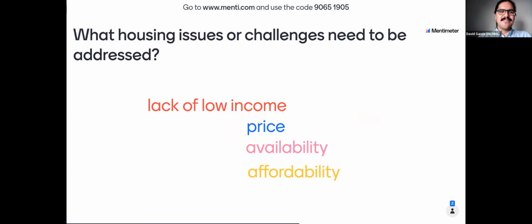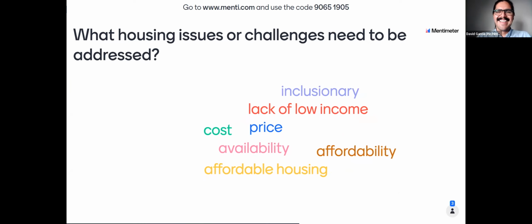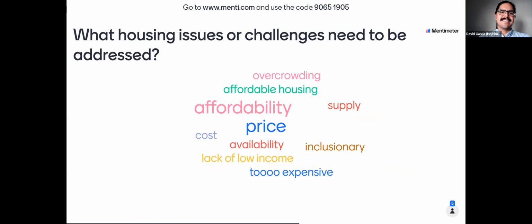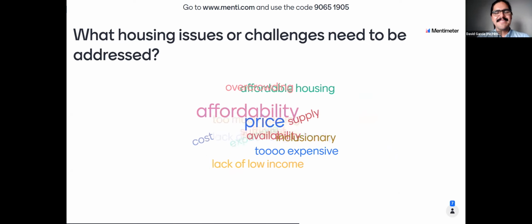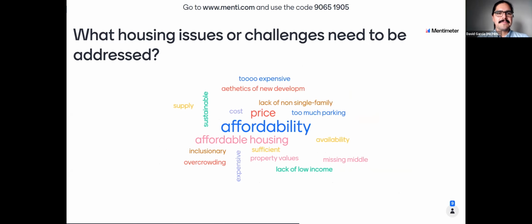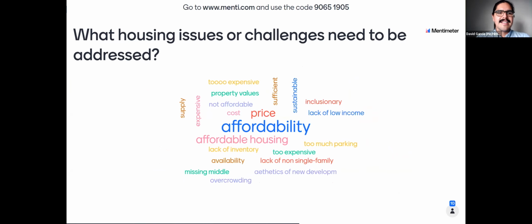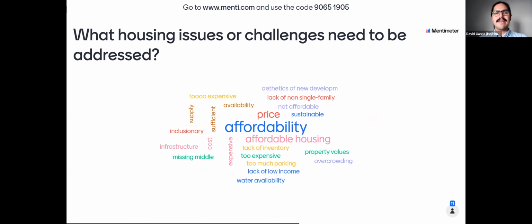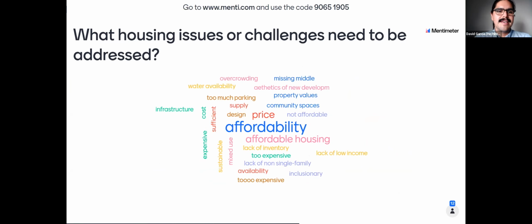Ooh, affordability came in big. Lack of low-income housing, availability, this idea of being too expensive, another way to emphasize the affordability issue, the lack of non-single family homes, of more diverse housing options.